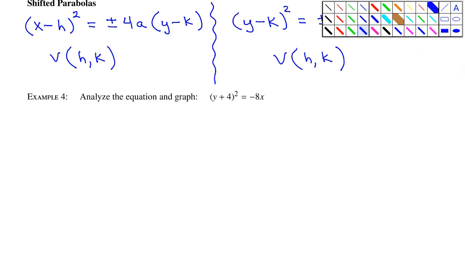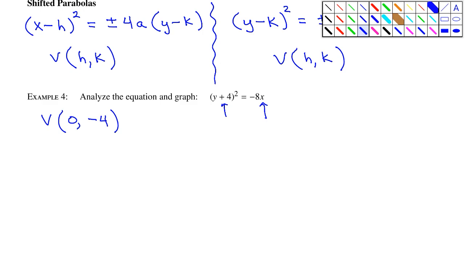Example 4. Analyze the equation and graph. (y + 4)² is equal to −8x. So in the basic form here, we're going to have a vertex that has not been shifted along the x-axis, but it has been shifted along the y-axis to −4.